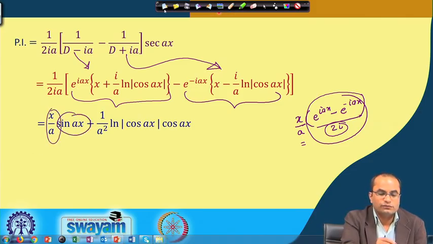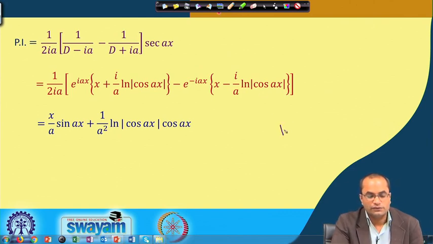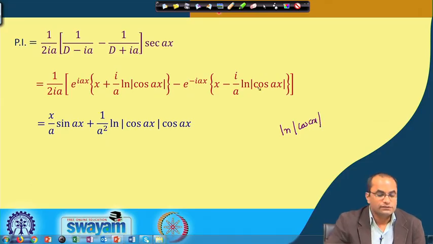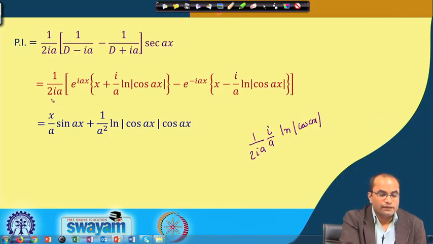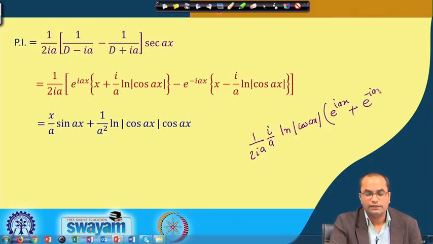So, this is the first one, and for the second one, we have again the common term, the log of cos ax, we take this common from the two. So, this will be also plus i over a, and this is also i over a. So, here i over a and the outside is 1 over 2ia, and then we have taken this common, e power iax, and this will be with plus sign e power minus iax.